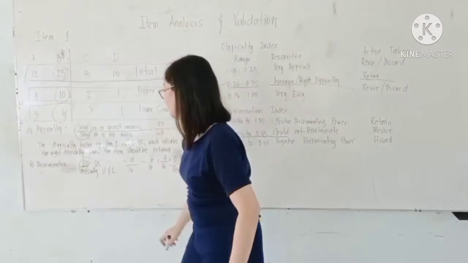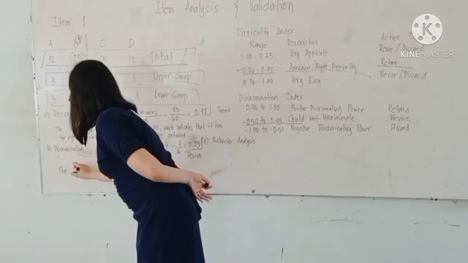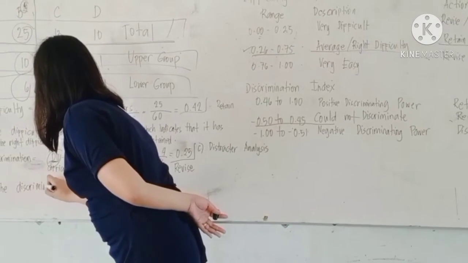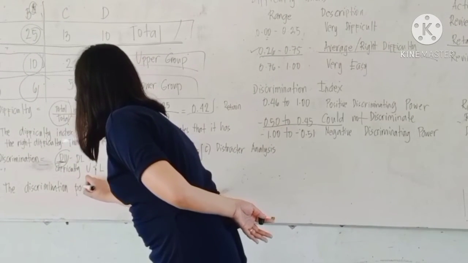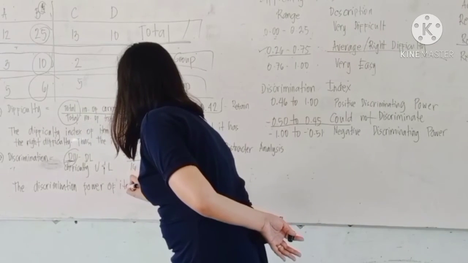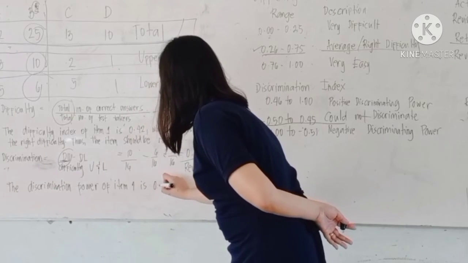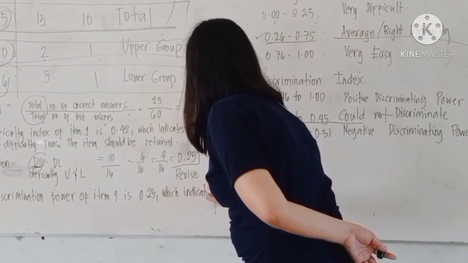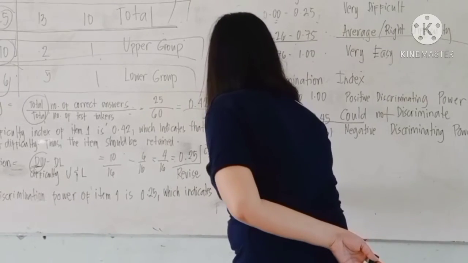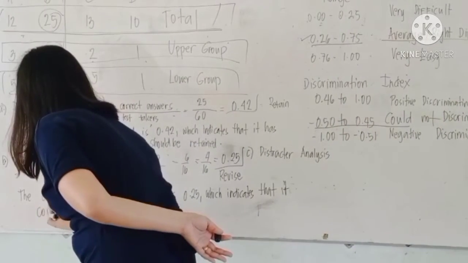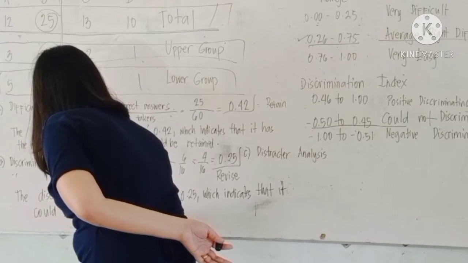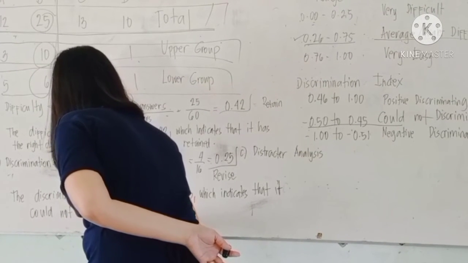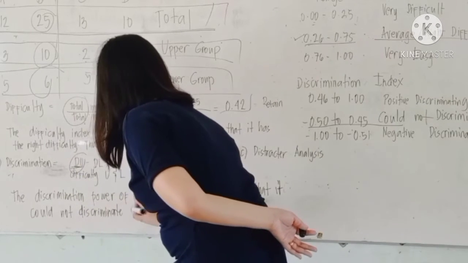How do we write it down now? So, ganito lang din. The discrimination power of item 1 is 0.25, which indicates that it could not discriminate properly.